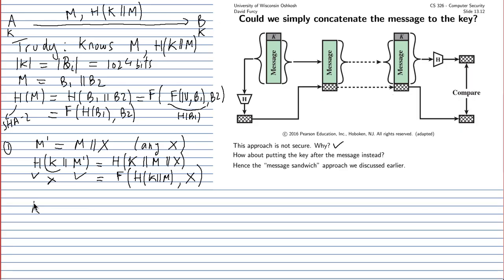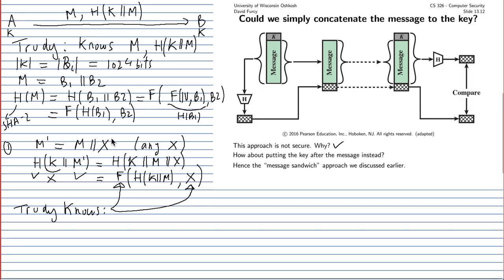So what does Trudy actually know? Well, she knows f because that's the heart, the core of the SHA-2 algorithm, which is a published standard. And Trudy knows X because she picked it.